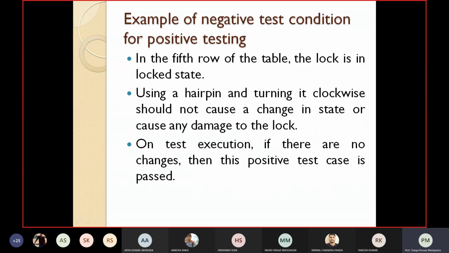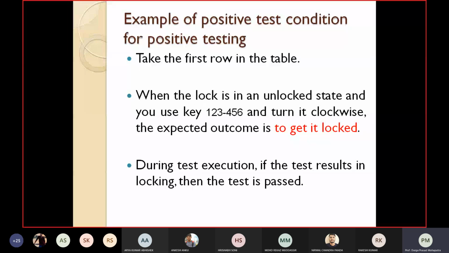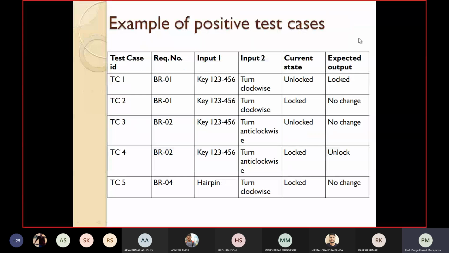You can say this is a negative condition, because you are taking an object, a hairpin, and the hairpin should not change the state of the lock. If it is locked, it will remain in the locked state. If it is unlocked, it will remain in the unlocked state. There should be no change. So this is an example of a negative condition in positive testing. So this is about positive testing.